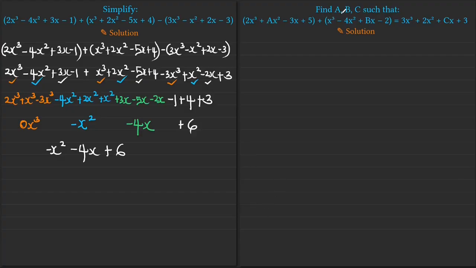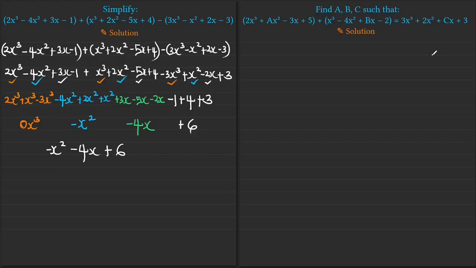It says you have to find a, b, and c such that 2x cubed plus ax squared minus 3x plus 5, then plus x cubed minus 4x squared plus 4 plus bx minus 2, when you add this, you would get 3x cubed plus 2x squared plus cx plus 3.